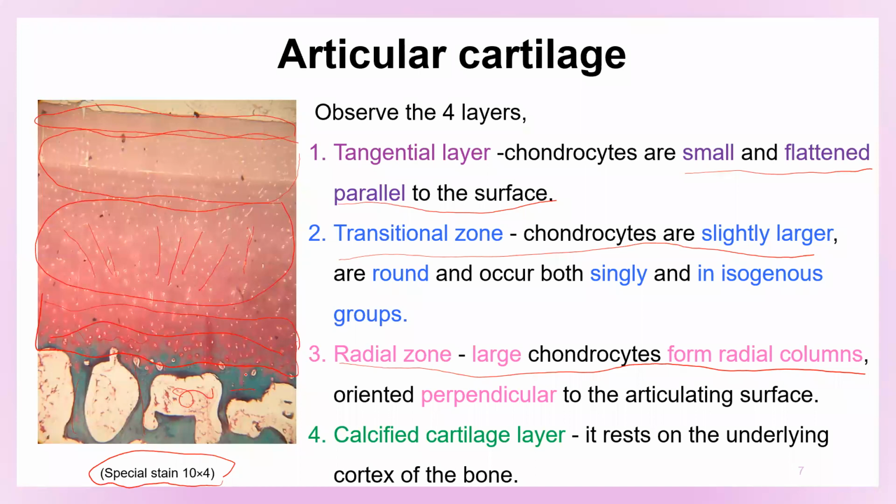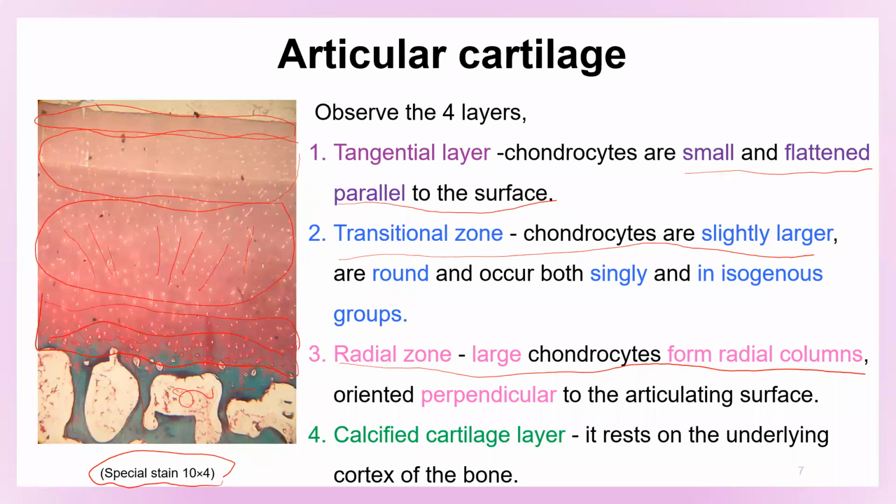All right, so this is articular cartilage, which has to withstand a lot of stress, and that is why the chondrocytes lie in different ways because of the stressors.